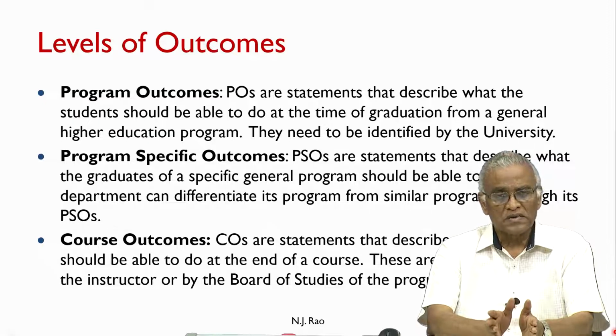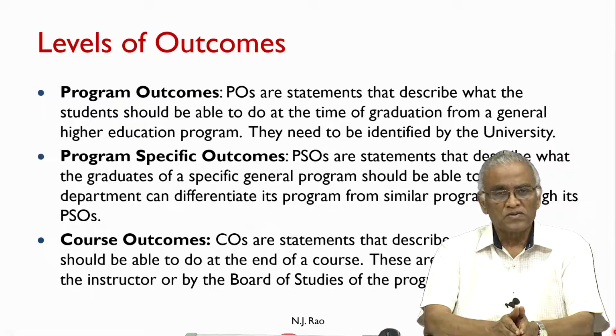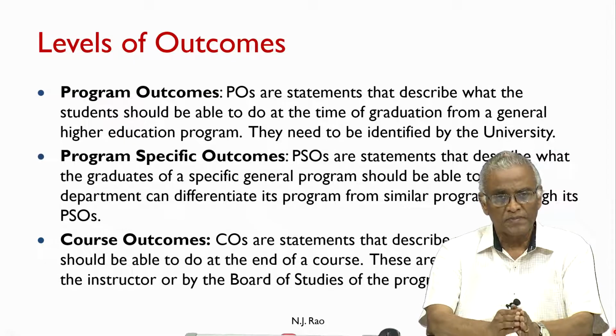So, to that extent all the affiliated colleges will have to use the same set of program specific outcomes, but one university can differ from other universities in terms of PSOs associated with a particular program.